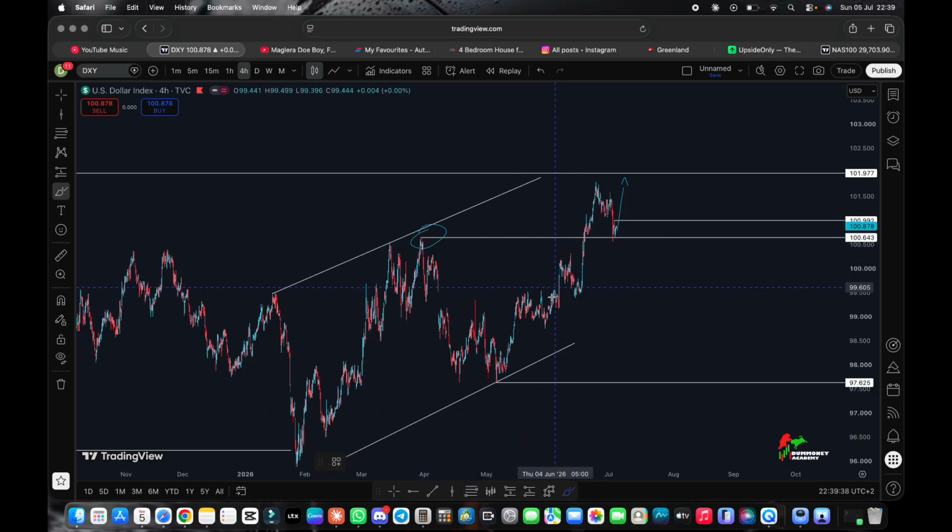From this high, from this point, the market passed this previous high point, right? Whenever the market breaks a high, it comes back to test it as a low, and then it's going to look for the next high.